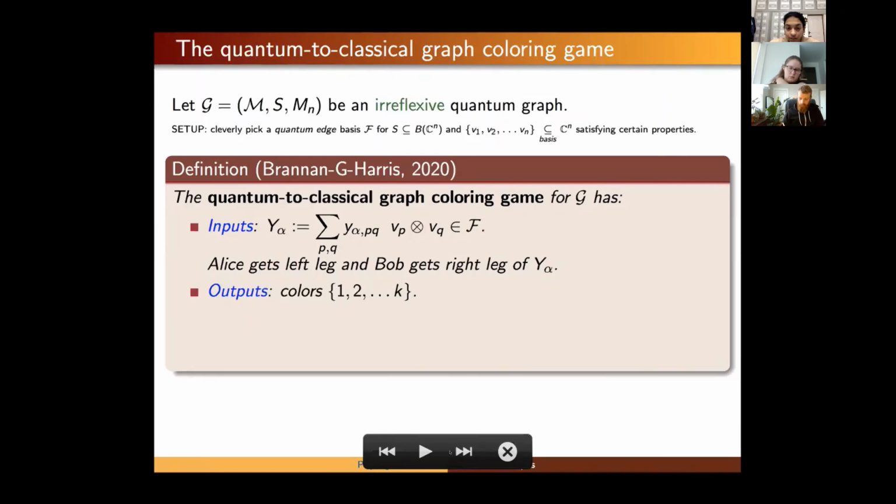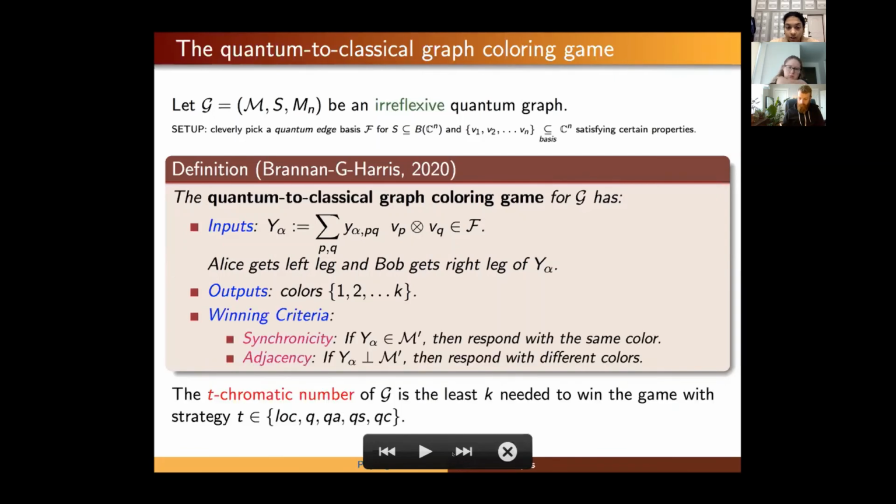And then they respond with classical color assignments. In order for them to win the game, their responses must satisfy two conditions. One is the synchronicity property, which means that if they receive the same inputs, then they must respond with the same outputs. And then an adjacency property, which means that if they respond with adjacent vertices from the graph, then they should respond with different colors.